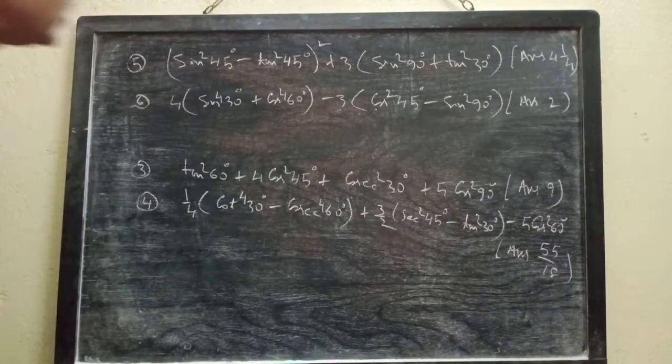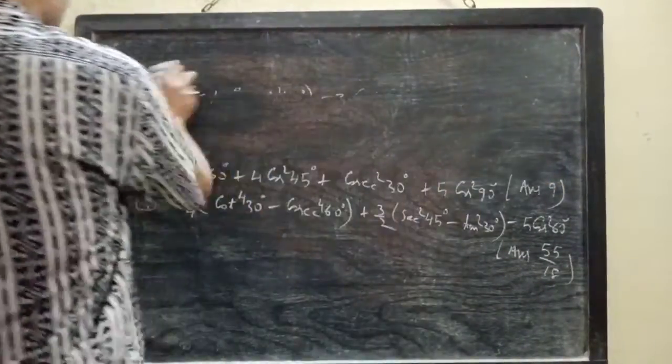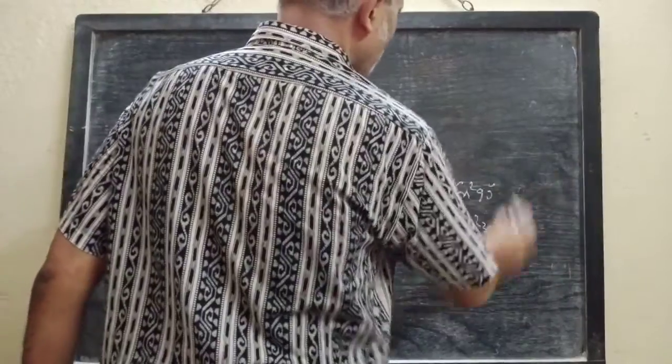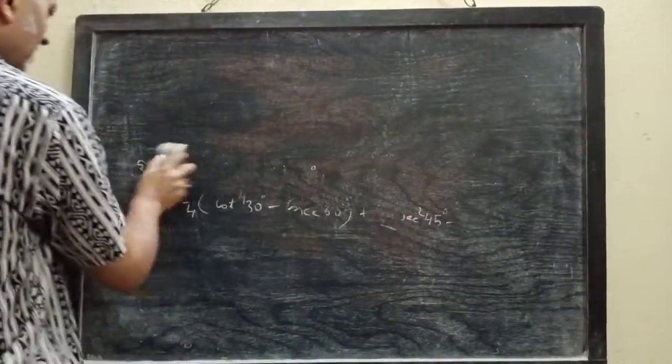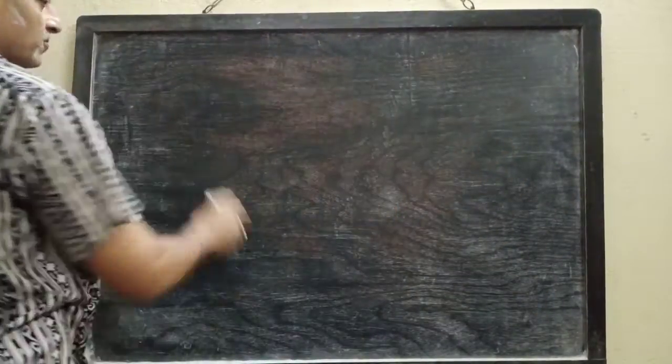Next, using some formula that will be taught in higher classes, that is in class 11. So here the formulas will be provided to you. You have to just find trigonometric ratios of the specified angles.